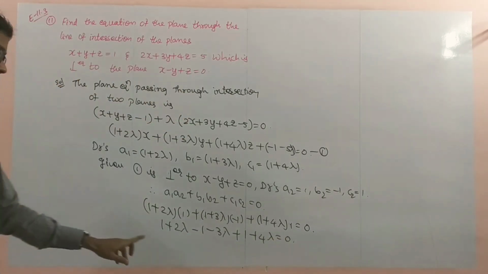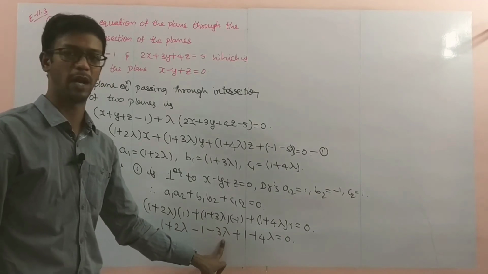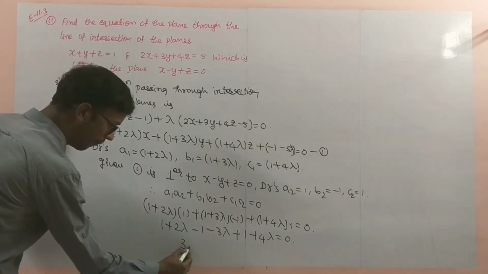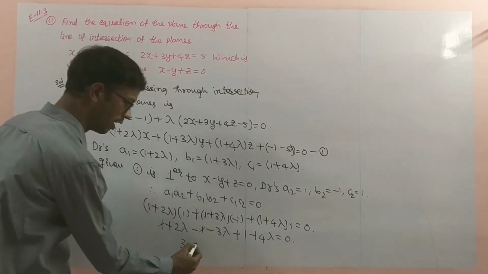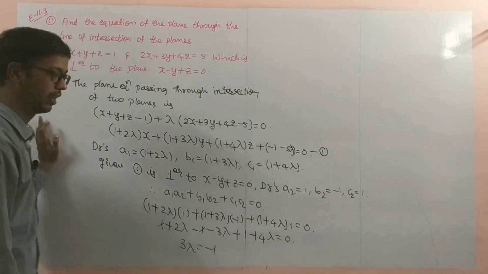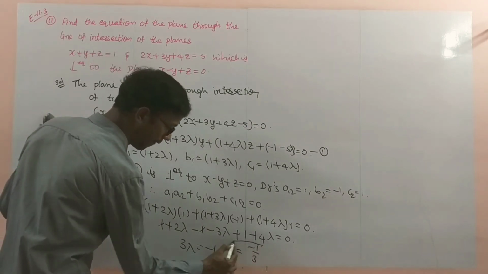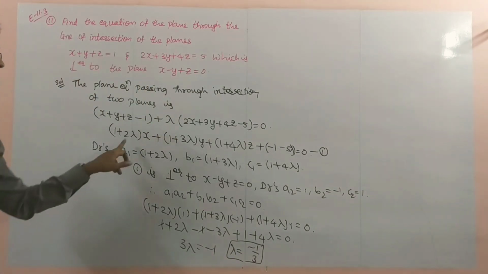If we are making simplification here, 2 lambda minus 3 lambda is minus lambda plus 4 lambda is 3 lambda. Here plus 1 minus 1 cancel, remaining is 1. If we send the 1 to the right side as negative, lambda equal to minus 1 by 3.